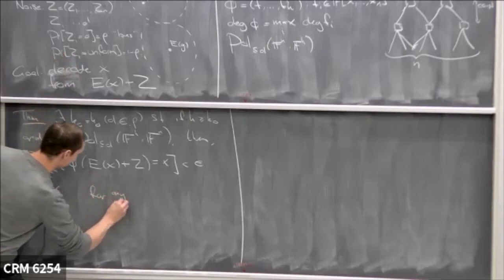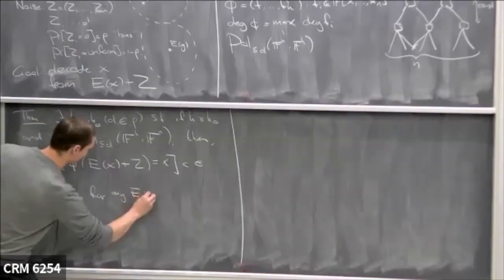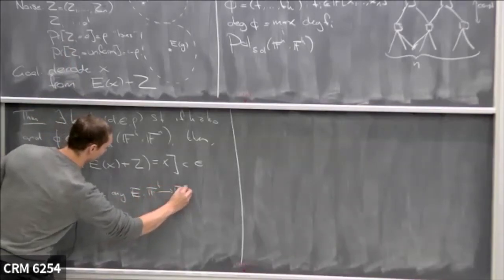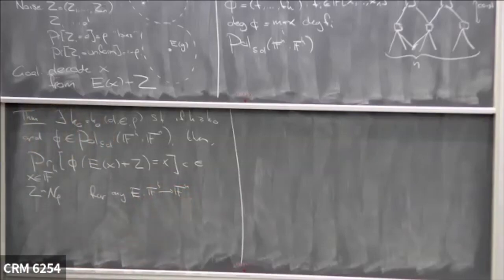E is any map from F^K to F^N. So no matter what your error correcting code does, whether it's good or bad, you're not going to be able to decode it well under random noise with an NC0 with parity circuit. That's the gist of this theorem.